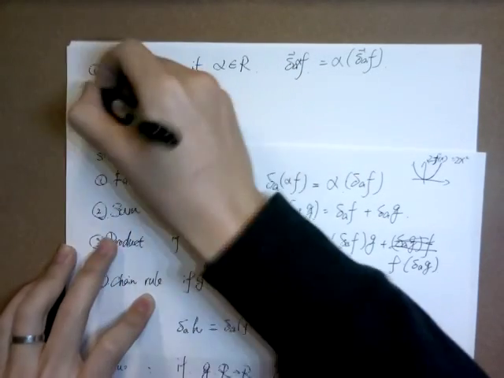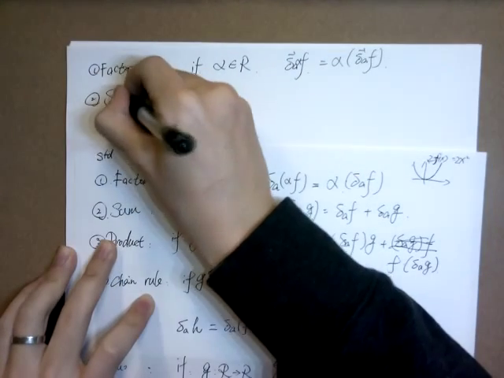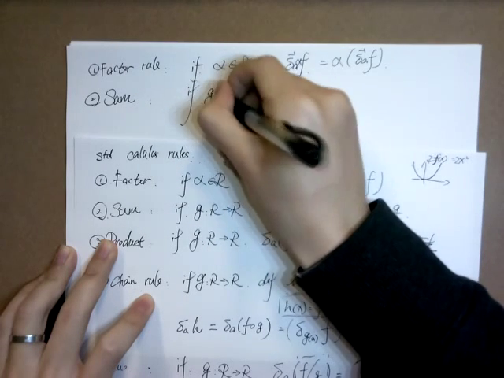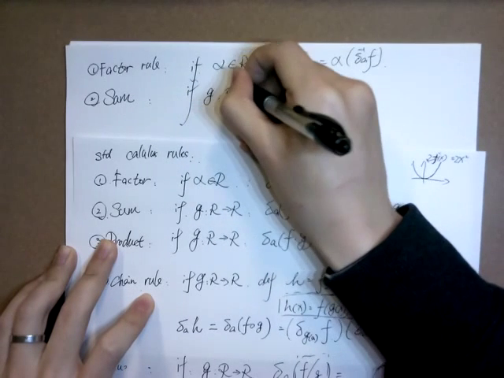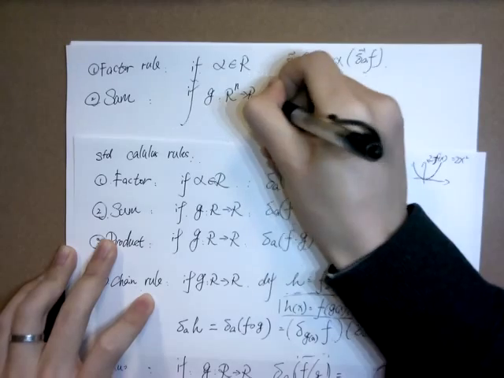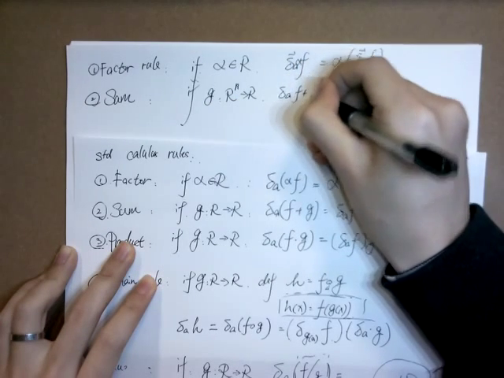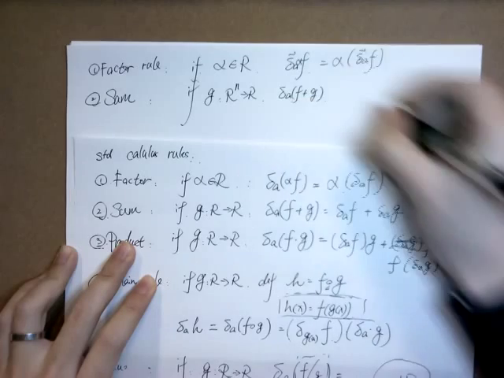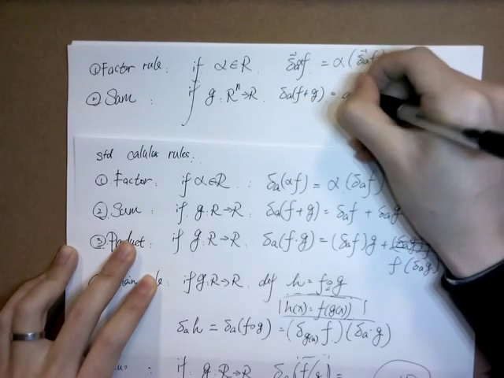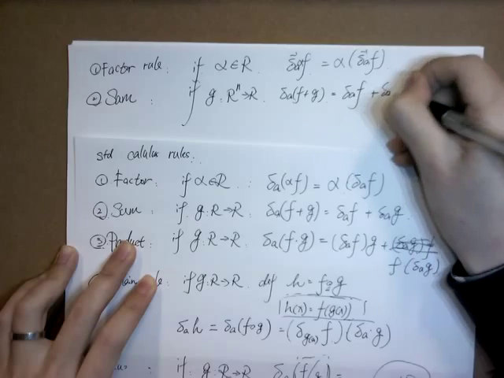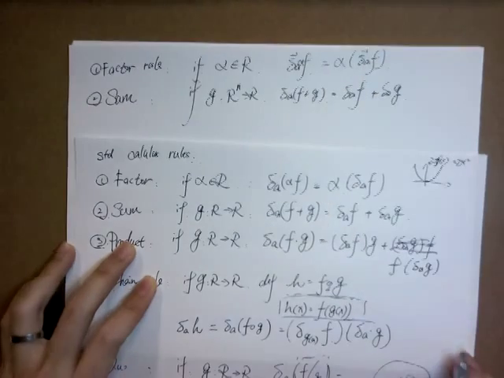And the second one is the summation rule, the sum rule. If I have another function g, which is also a map from Rn to R, then the total derivative of function f plus function g should be the total derivative of f plus the total derivative of g.